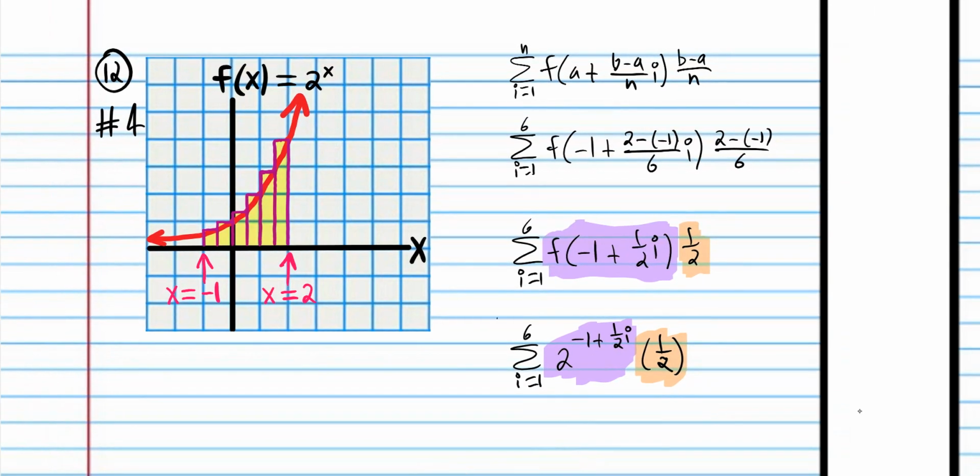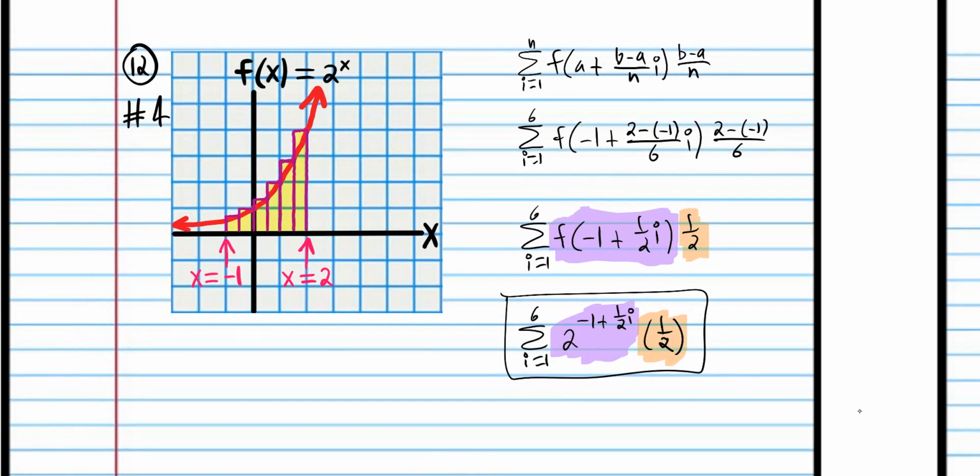And that is our answer. So again, you can put this into your calculator. Press the math button, go down to number 10, enter it in, then press enter and see if you get the answer that we got for number 4.